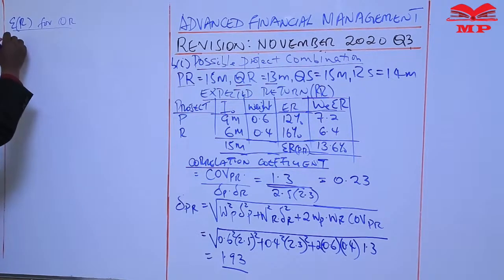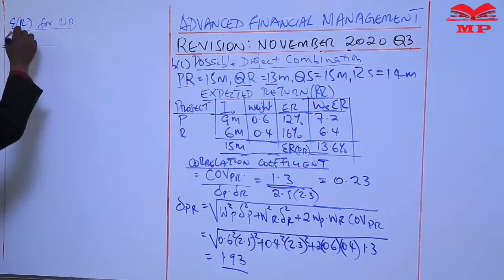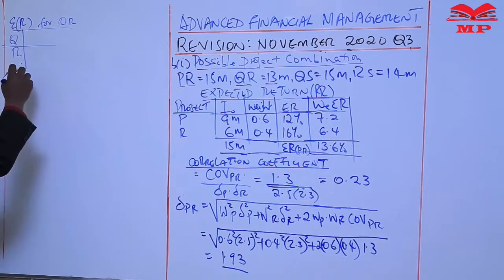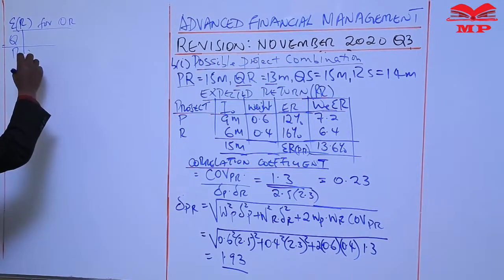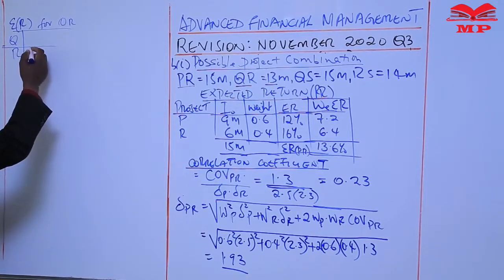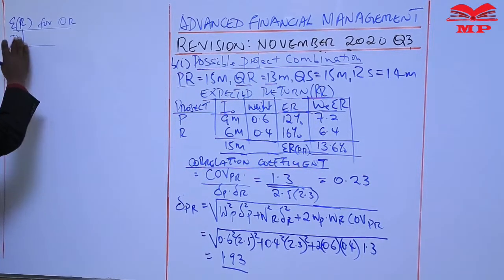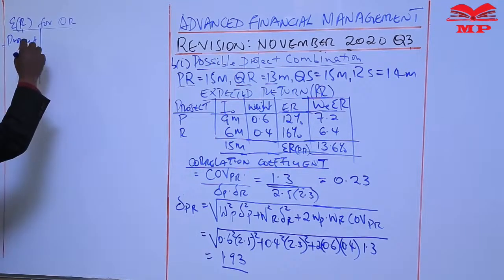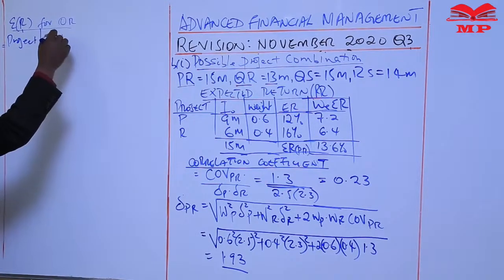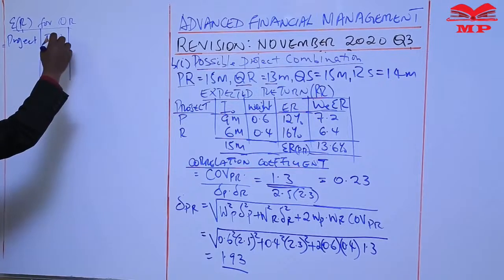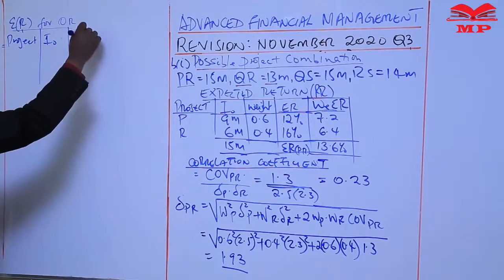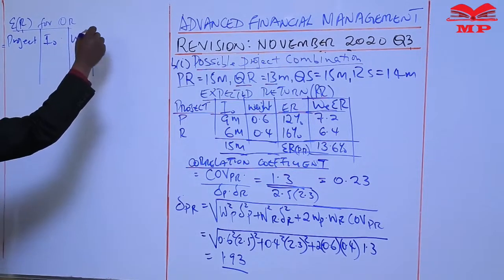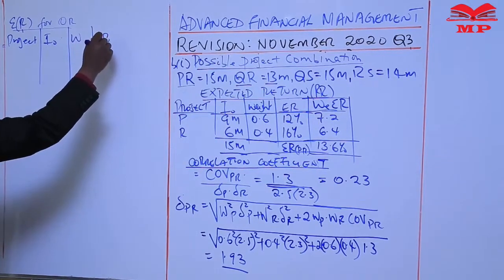We'll have columns: projects, then initial investment, then the weights, then the expected return.